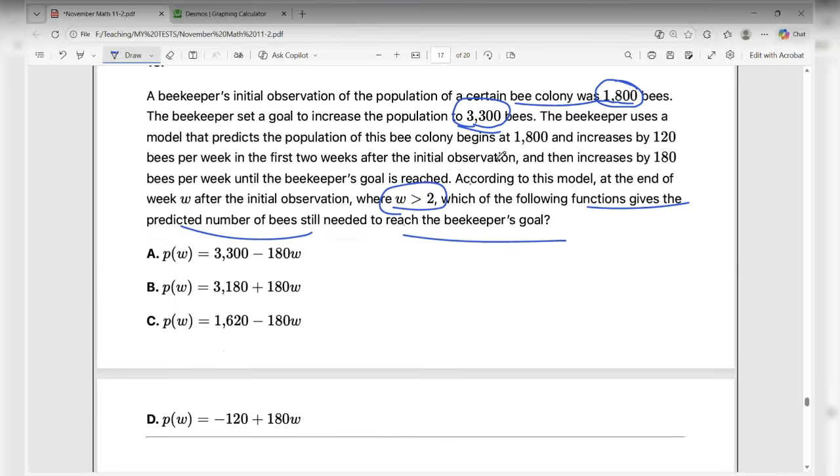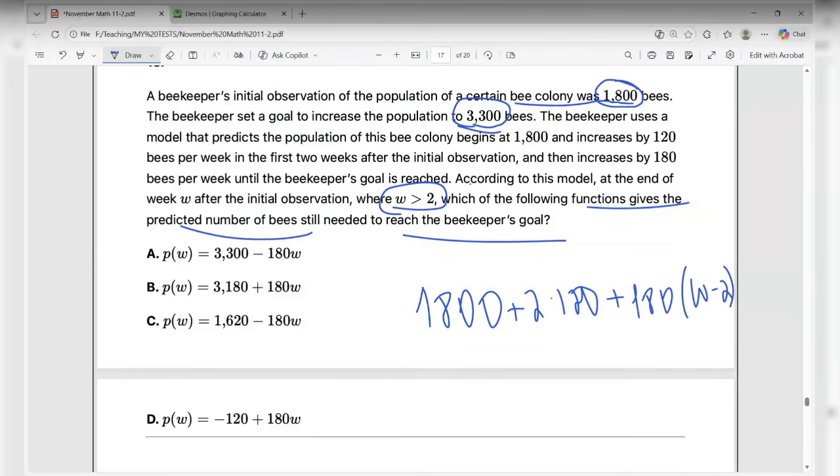Since you have to find how many bees you need, you have to first find the function for the increase. So that's 1800, the initial, and in the first 2 weeks it increased by 120, so it is 2 multiplied by 120, and for the rest of the weeks it is increasing by 180, and W minus 2.